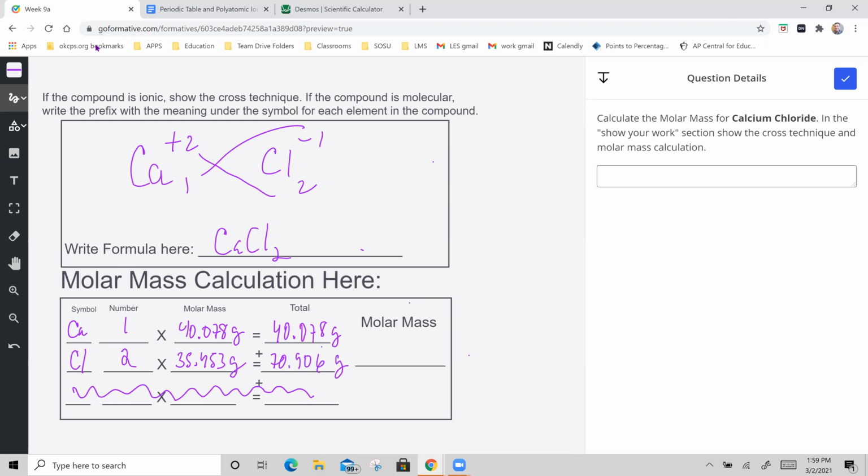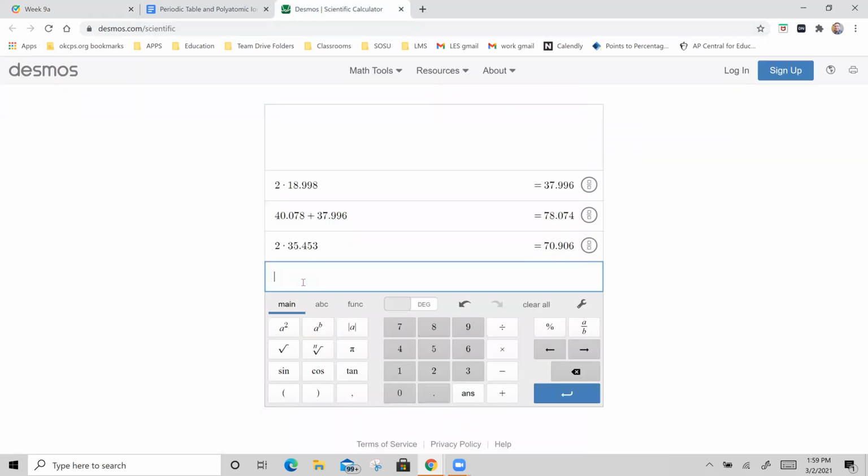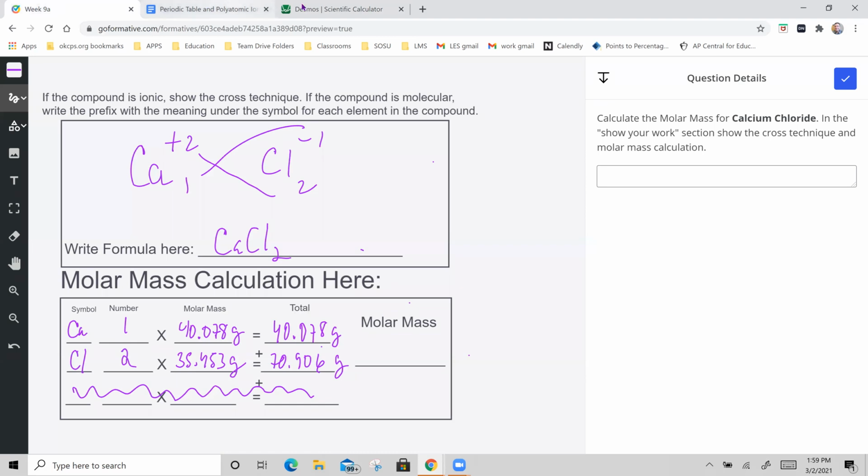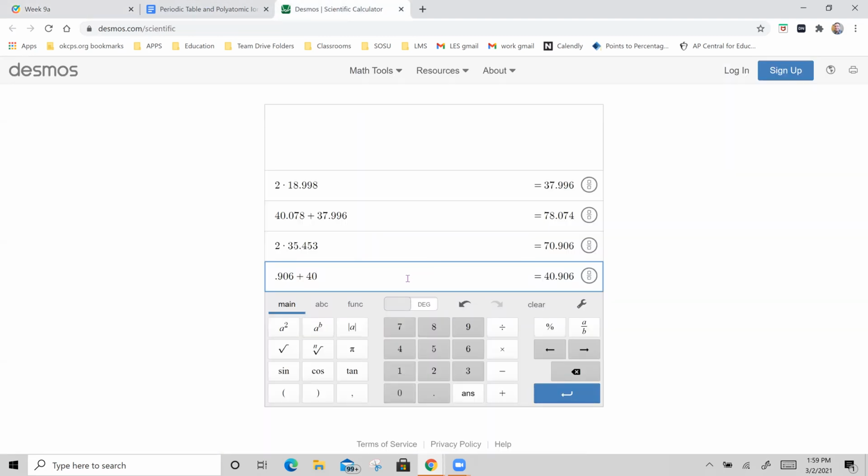And now we just add those two values. So I have 70.906 plus 40.078. All right, and I definitely have a problem here, so let me change that. 70.906 plus 40.078.